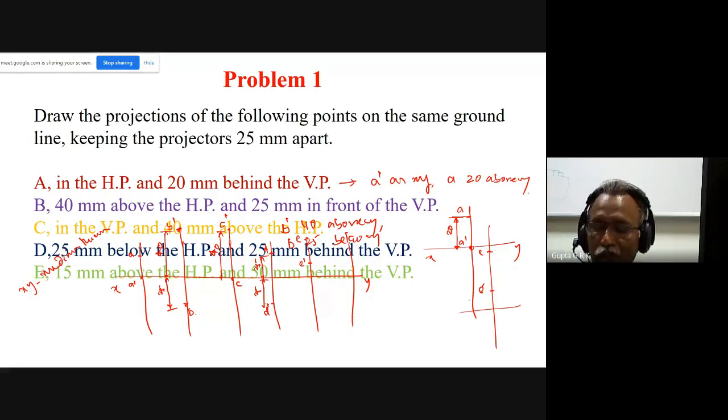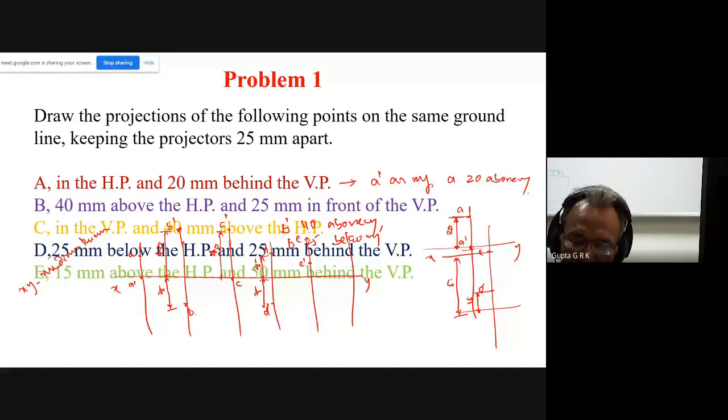Or you can show one on one side, another on the other side. So this is 15 and this should be 50. I have to show it like this. Or I can show 50 on this side. Any one side you can show.